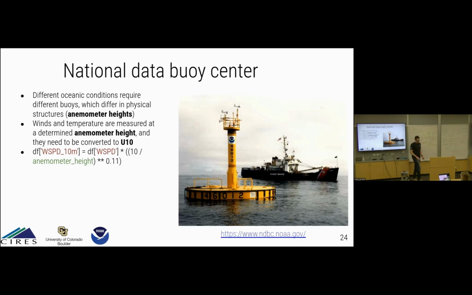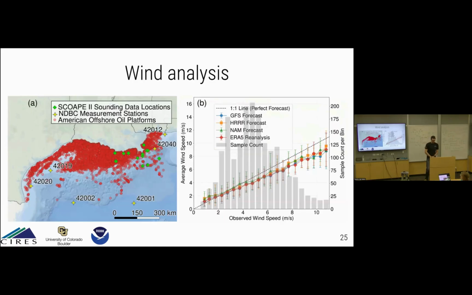And if we plot the correlation between in situ wind speeds and wind speeds by those models, this is what we observed. So there's a lot to unpack here. I have done this for this buoy here, 42040, and I've done it for the other buoys here as well.